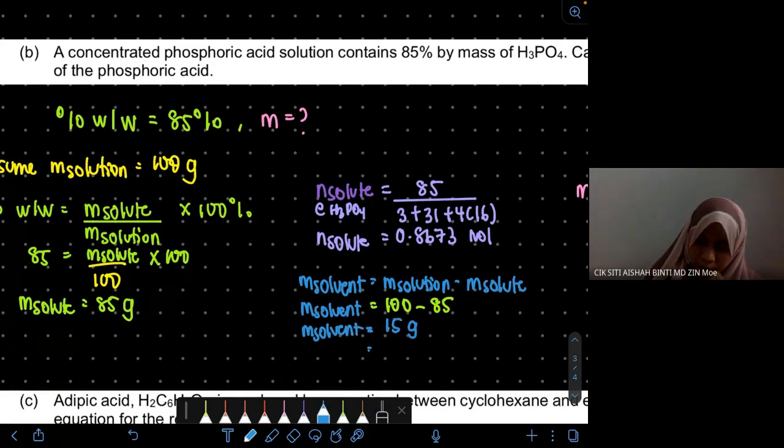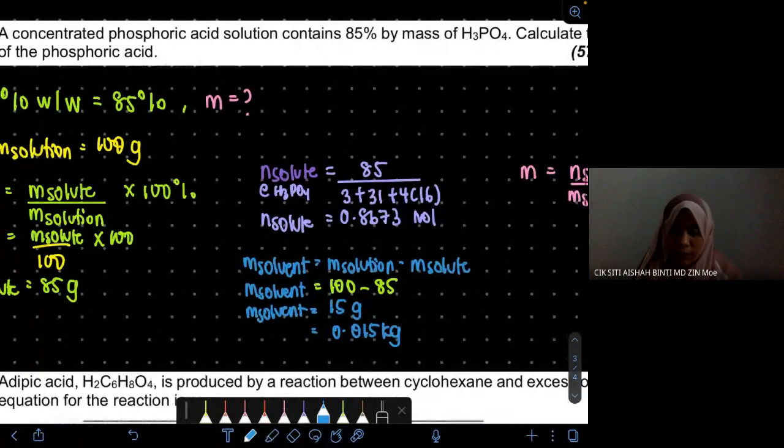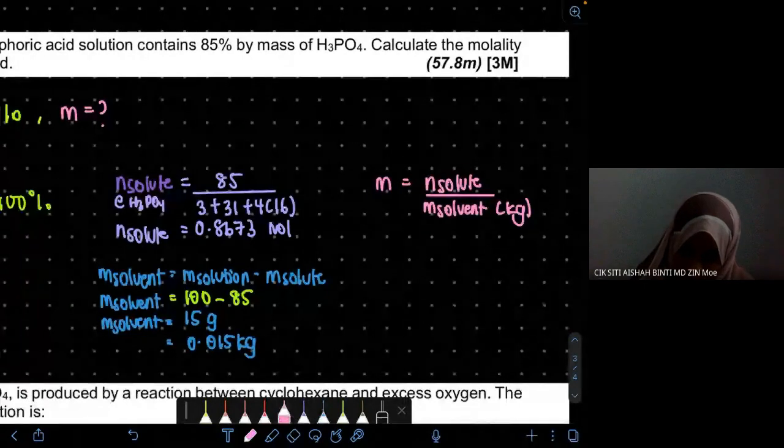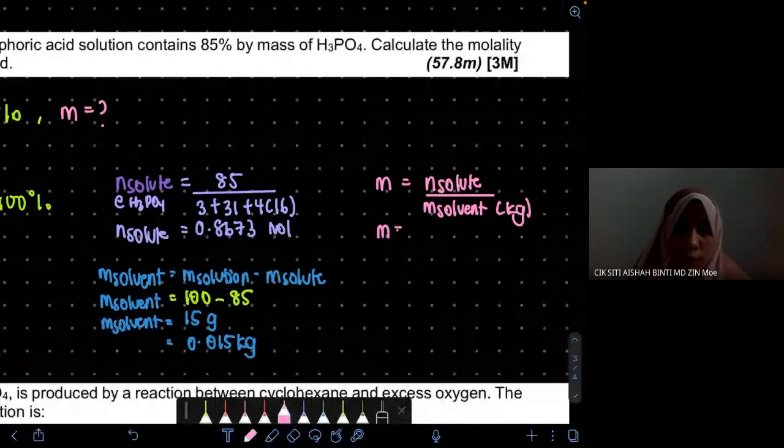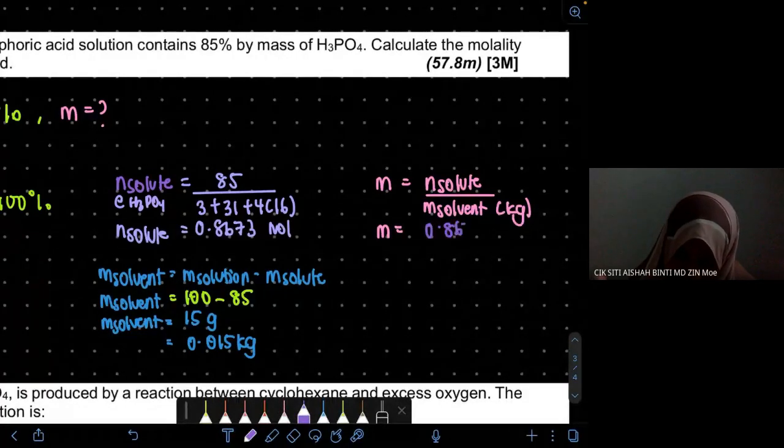Or sama juga divide by 1000, 0.015 kilogram. Okay, so barulah kita masukkan dalam formula. Molality equal to mole of solute divided by mass of solvent. Mole of solute kita dapat 0.8673.